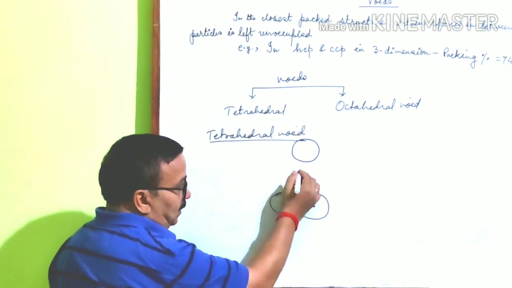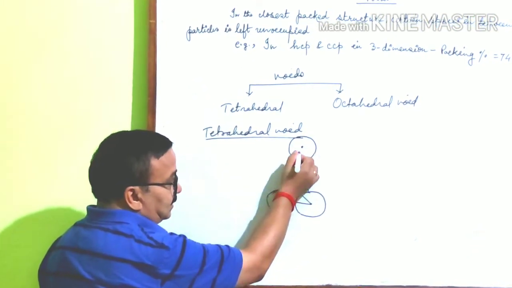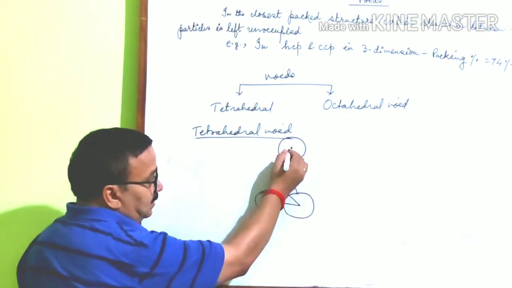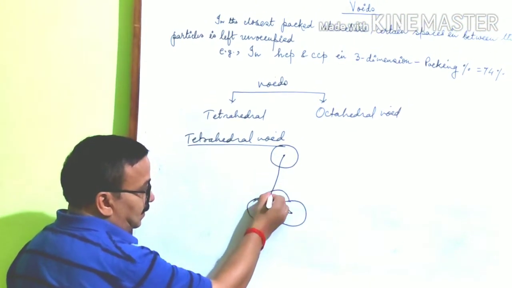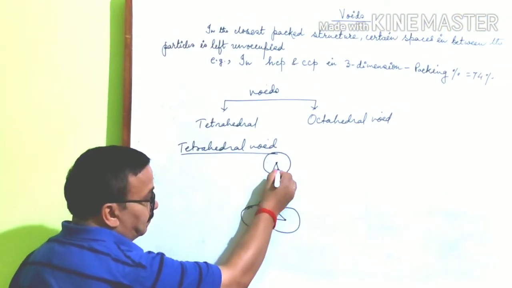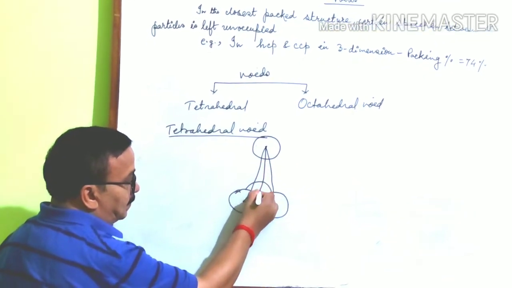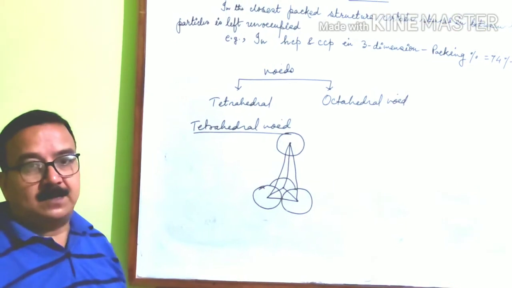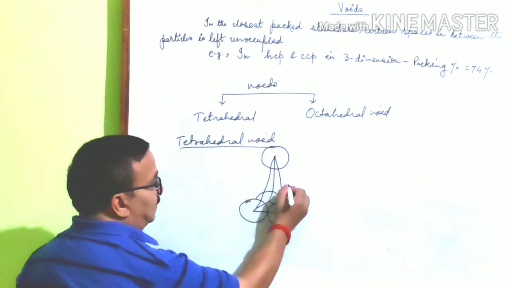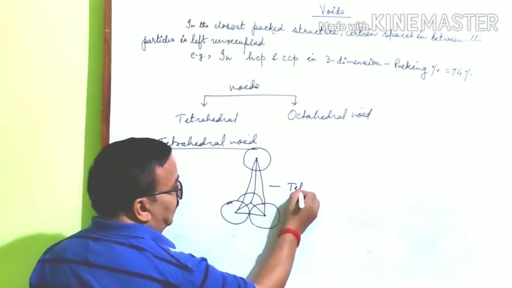So, if we connect the centers of these spheres in this manner, then we observe that a tetrahedral structure is obtained.